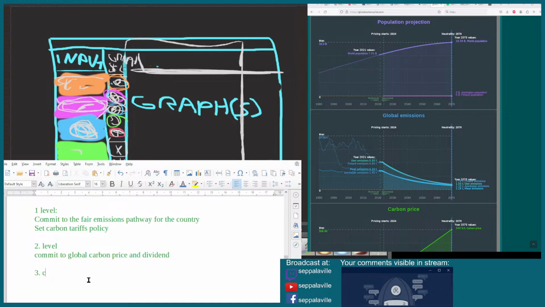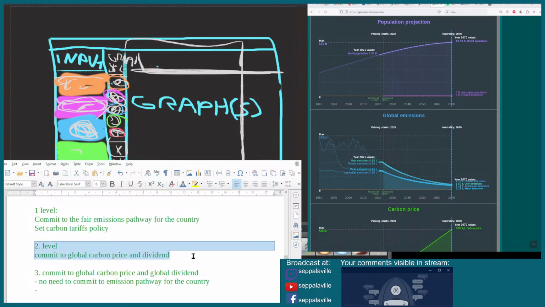Well, another tier in any case is that you commit to a global carbon price and global dividend, and then no need to commit to an emission pathway for the country. Okay, let's remove this second level because it makes it simpler.